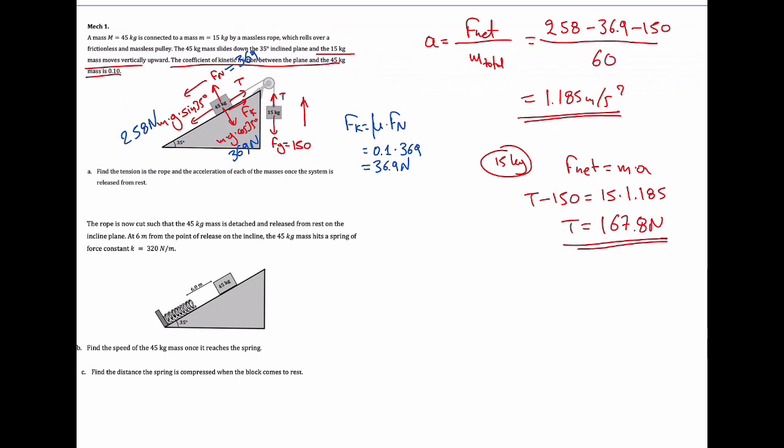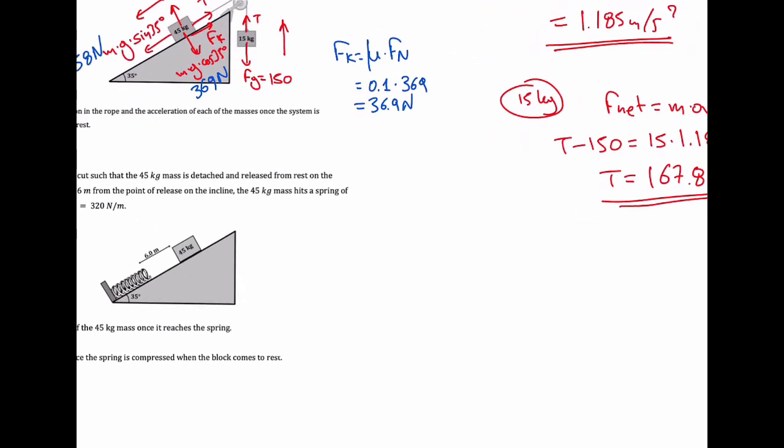It is the same inclined plane, so there is friction as it slides down. After 6 meters from the point of release, the 45 kilogram mass hits the spring with a spring constant of 320. We need to find two things. First, the speed of the object just before it reaches the spring, and then the distance that the spring is compressed.